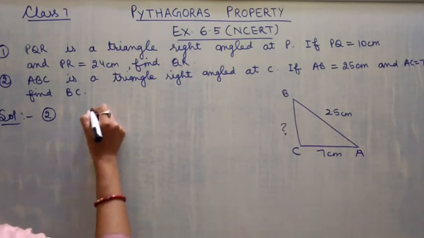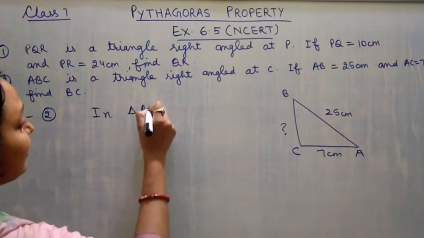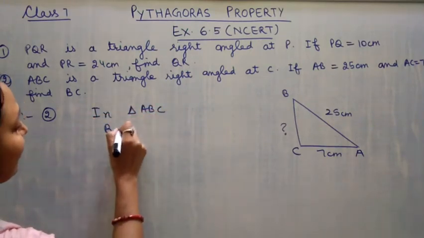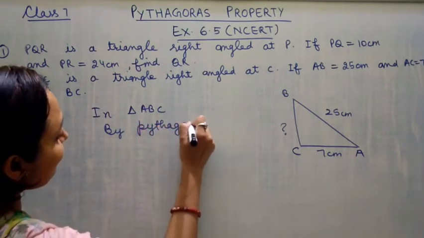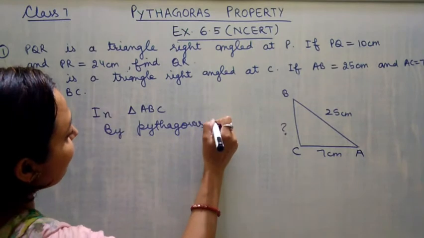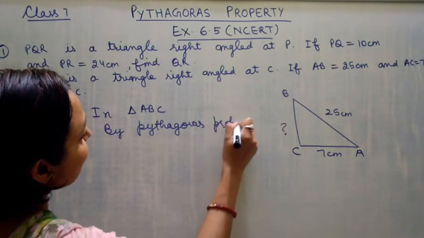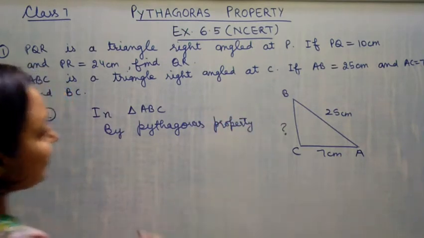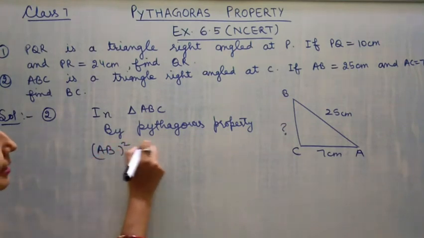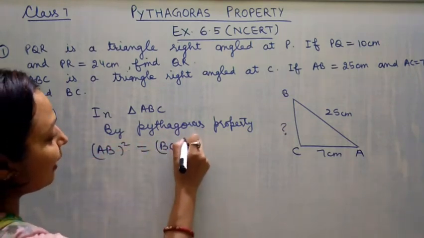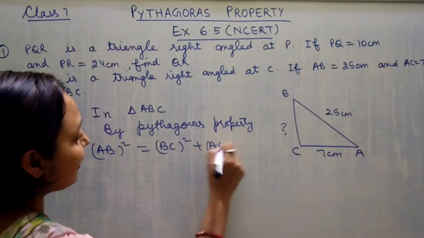How? In triangle ABC by Pythagoras property, hypotenuse square is equals to perpendicular square plus base square, right?